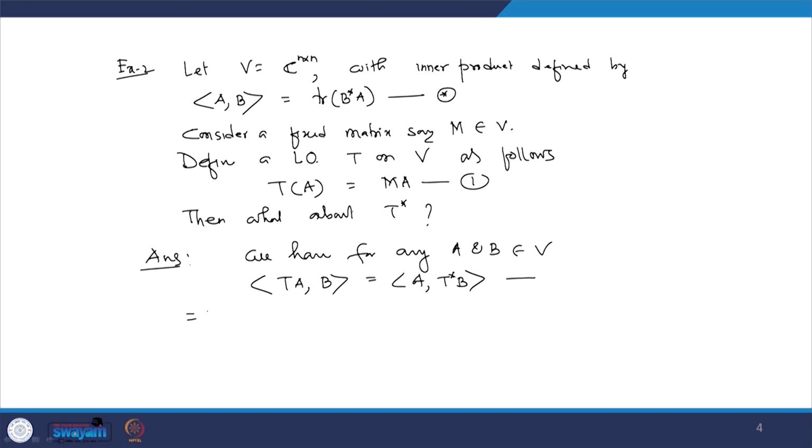So, this implies the left hand side is the inner product of MA and B, which is equal to B star MA.